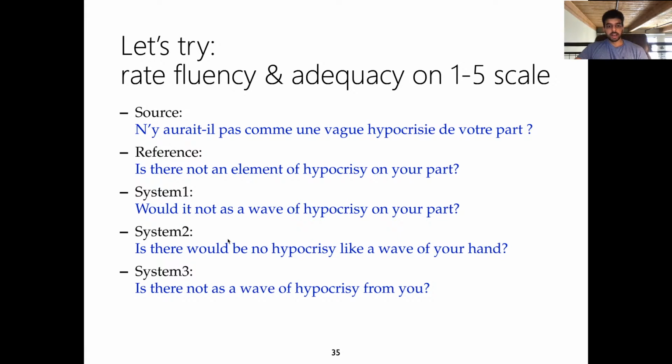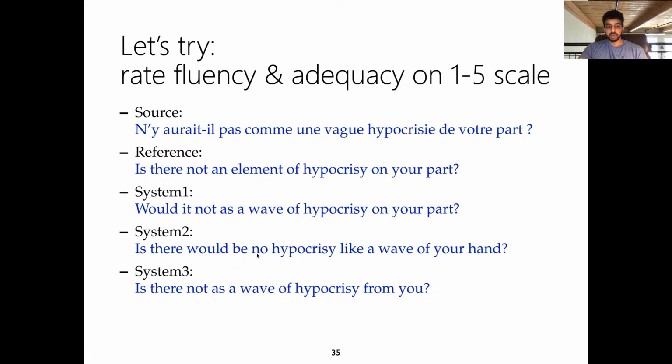System one: would it not as a wave of hypocrisy on your part? So this seems not very fluent and maybe also not adequate. Like a wave of hypocrisy doesn't seem to be conveying the same meaning, although you can probably roughly tell what the meaning here is. So maybe I'd give this like a 3 or 4 on adequacy.